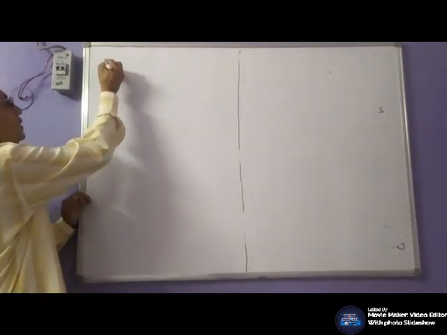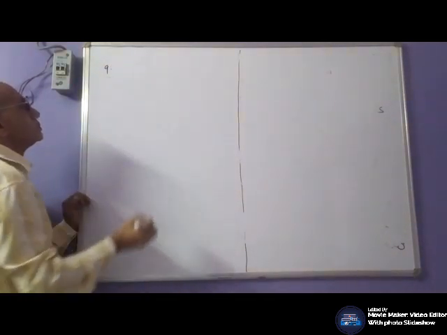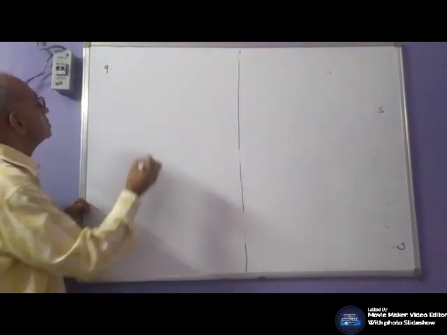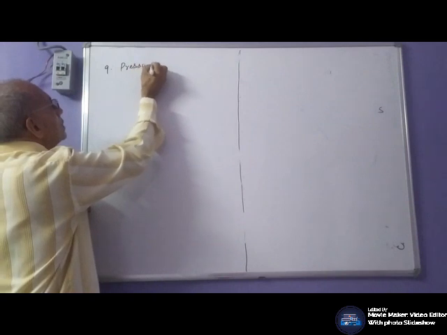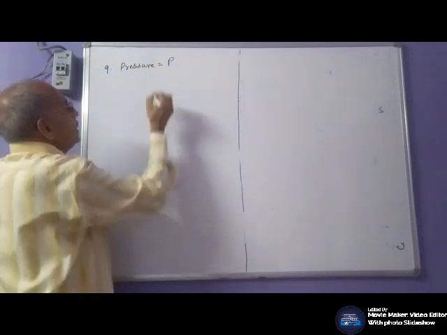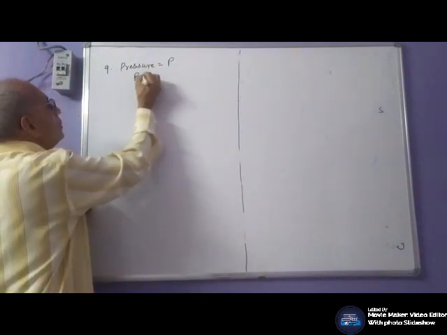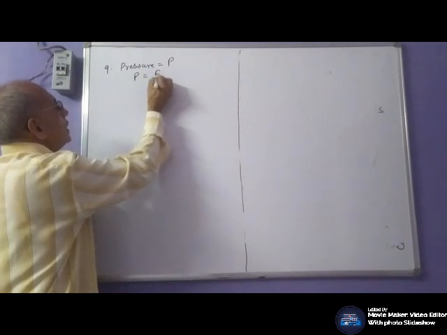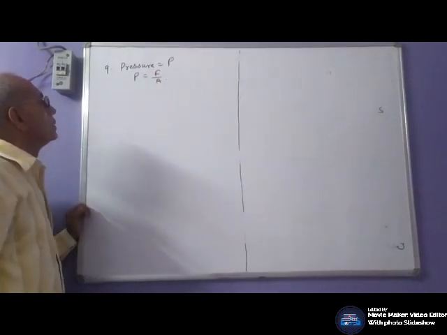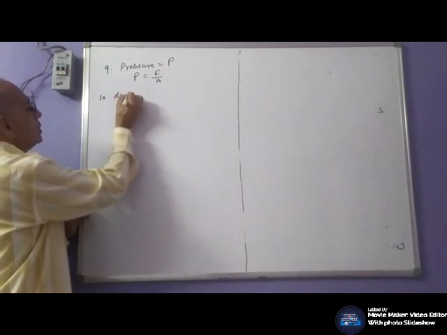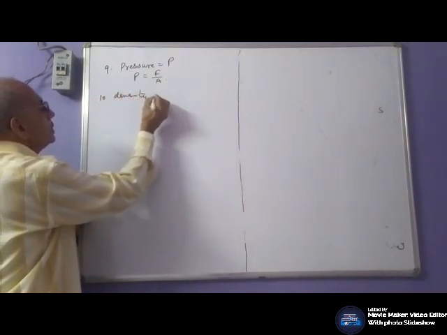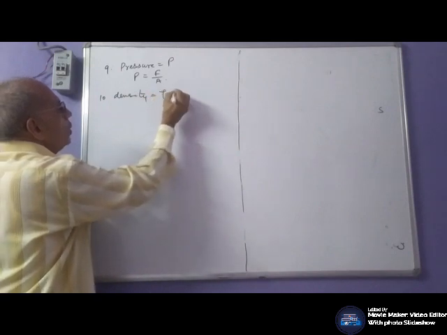More physical quantities. Pressure, symbol is P, and P is F by A. Density, symbol is rho.